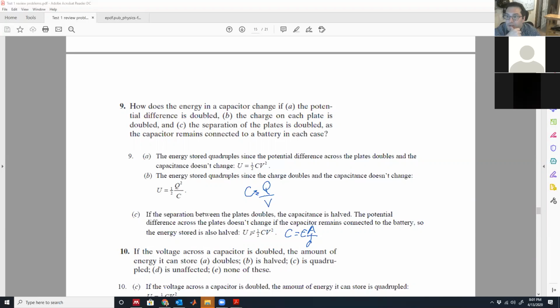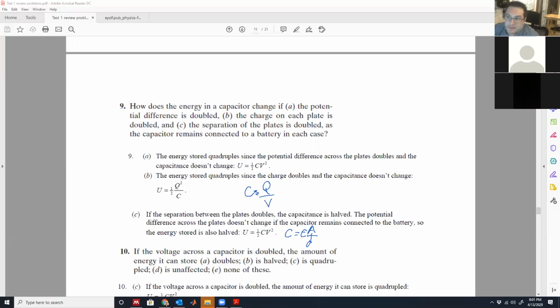What's removing that energy by pulling it apart? My hands, right? I'm taking it and I'm physically moving it apart, or whatever you're doing to separate it with. I'm doing work on the system, and I'm subtracting energy from the system by actually physically pulling apart because they're attracted to each other. So it's going to take energy, right?